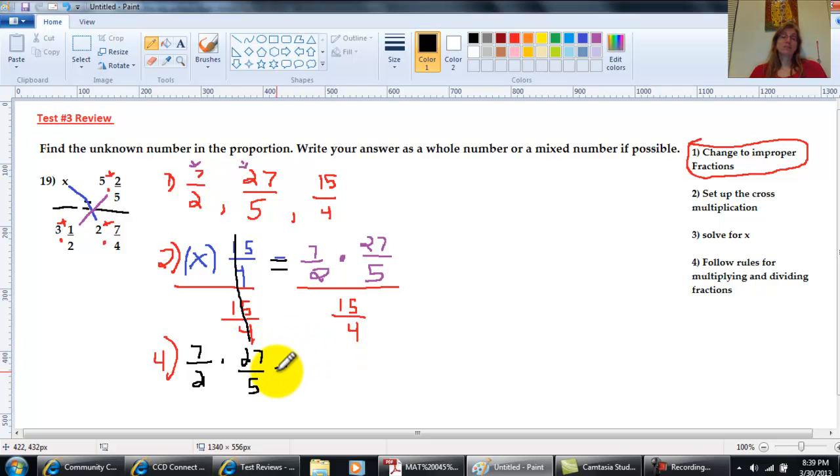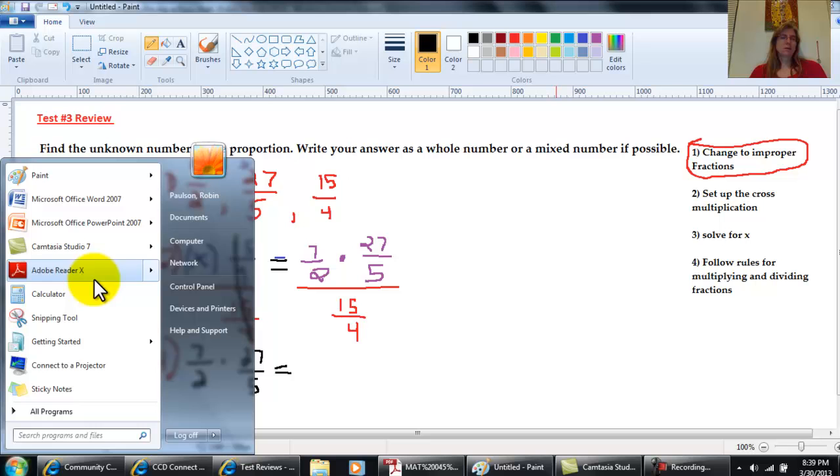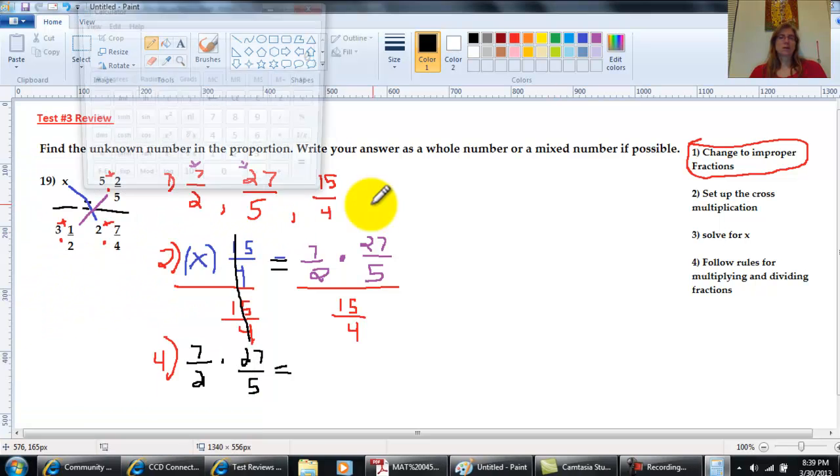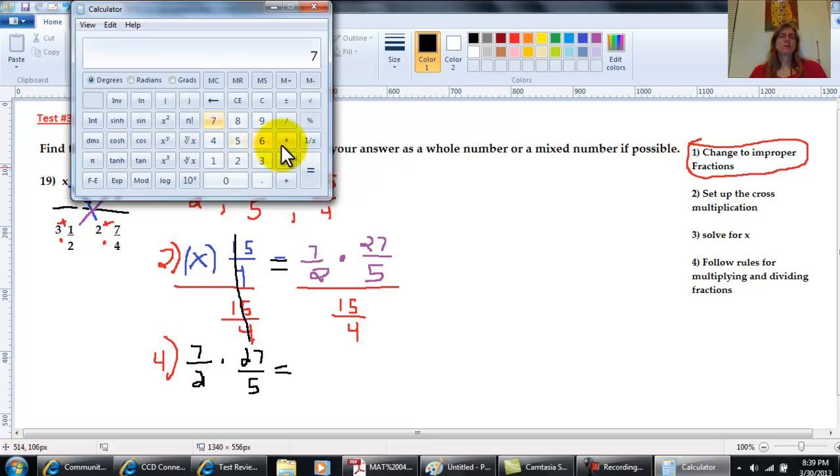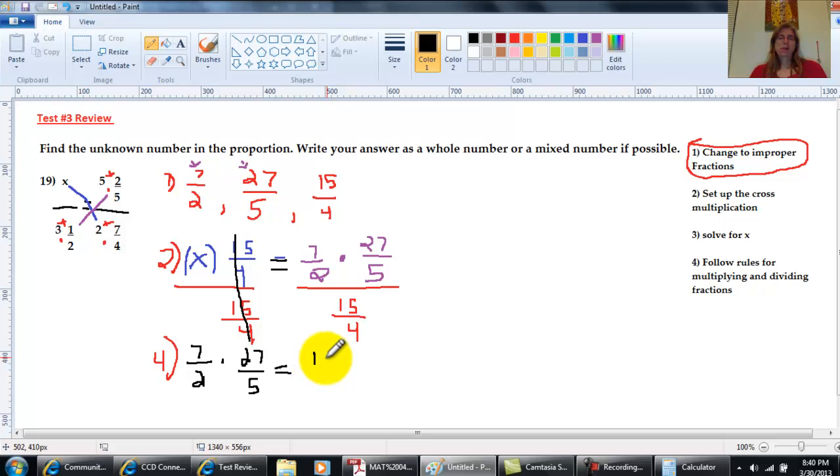And that, remember, is just the numerator. 7 times 27, well, let's get our calculator. Seven times 27 equals 189, over 10, because 2 times 5 is 10.